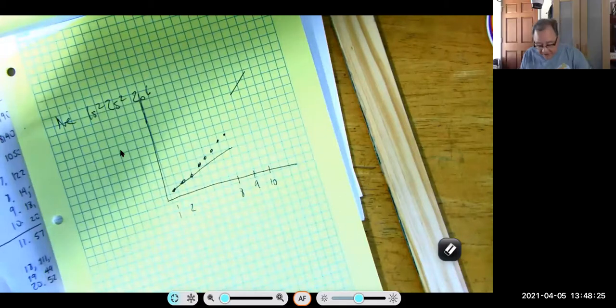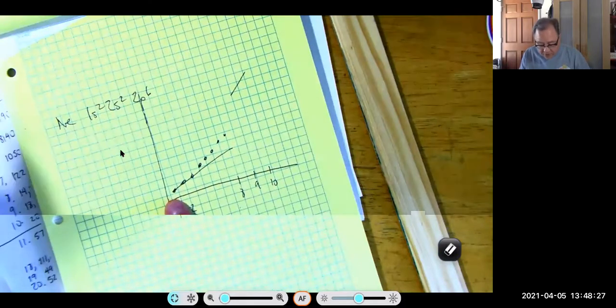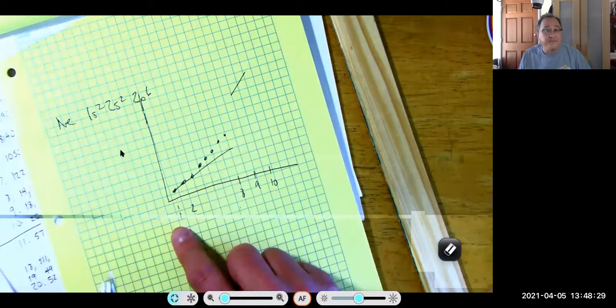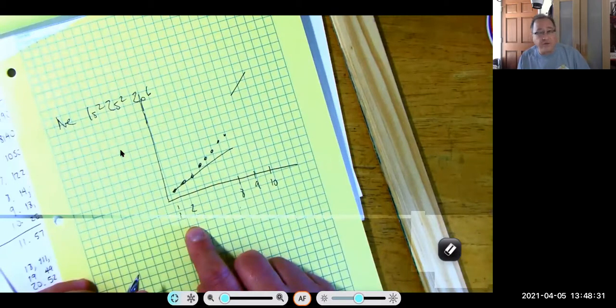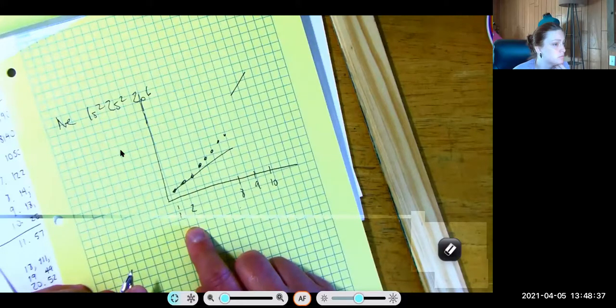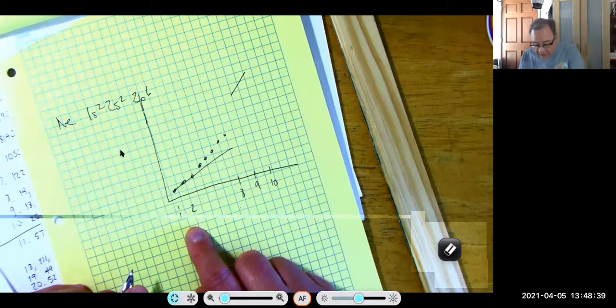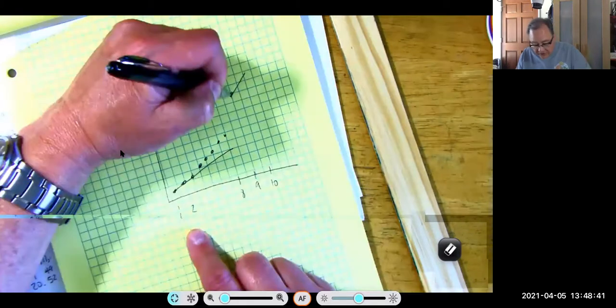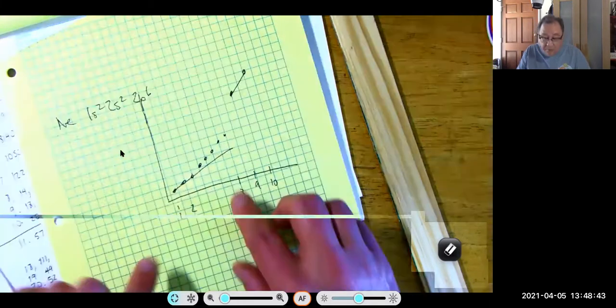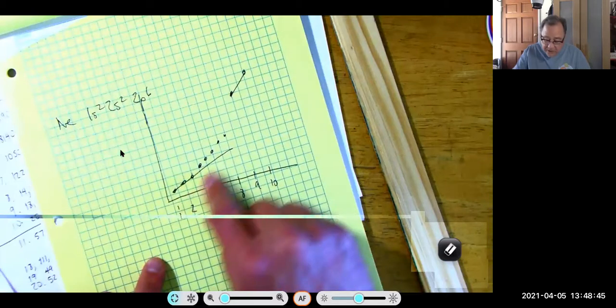Okay, and then let's see, number 7. So here, are the energies closer together for large shell or for smaller shell? So take a look at these energies. Are they closer together here where I'm running my finger, or here where I'm running my finger?